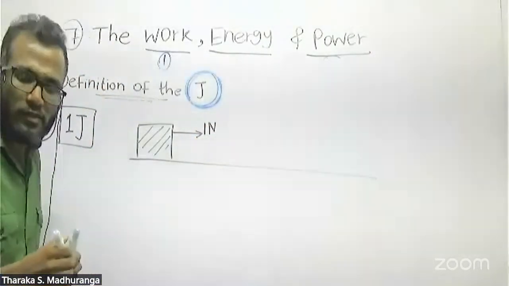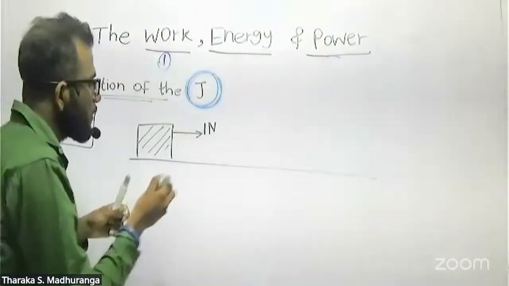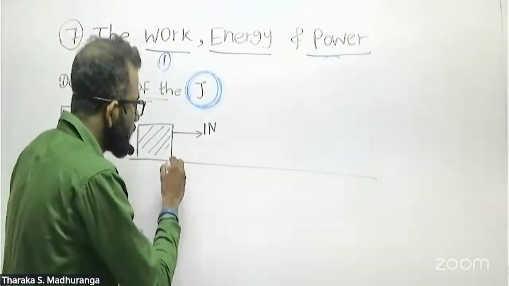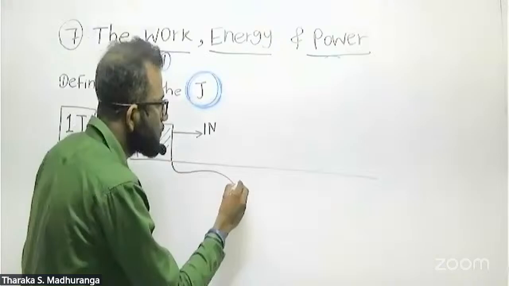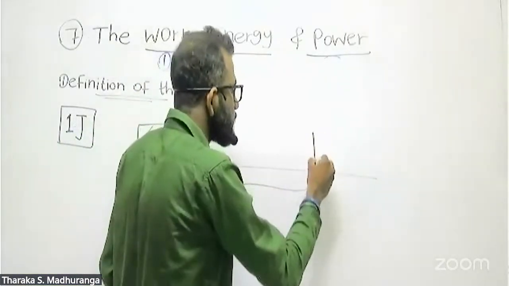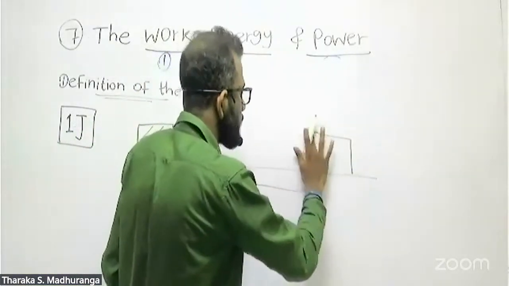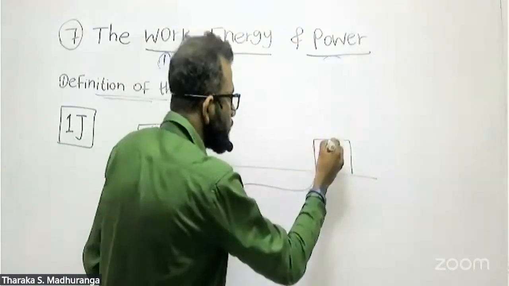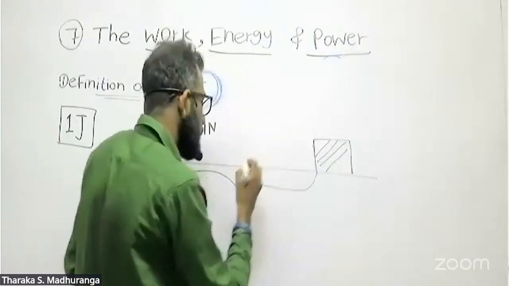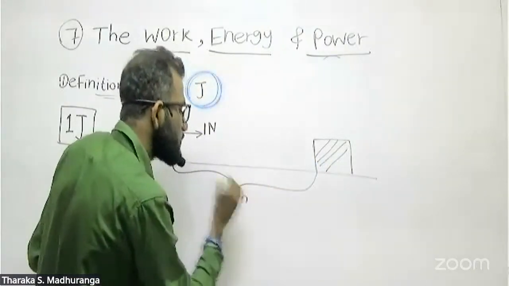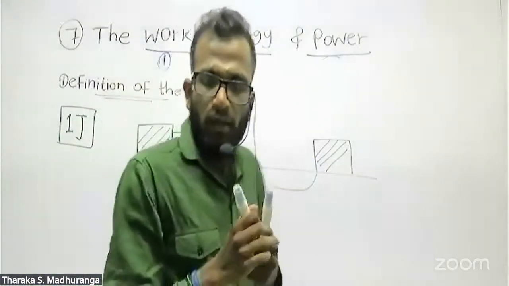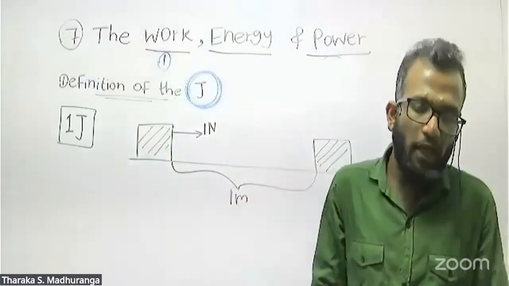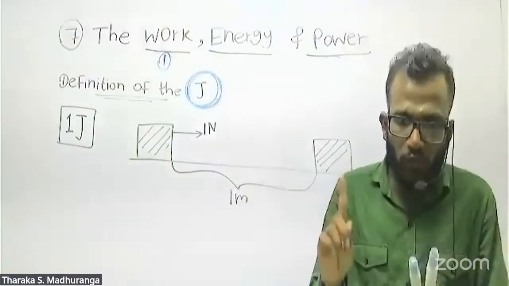Then, because of this 1 Newton external force, if the same object is displaced 1 meter, don't think about the shape, the work done by the object we call 1 joule.